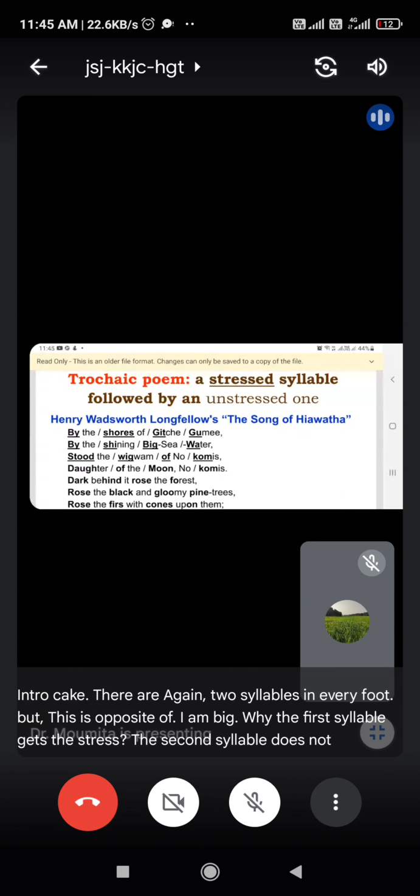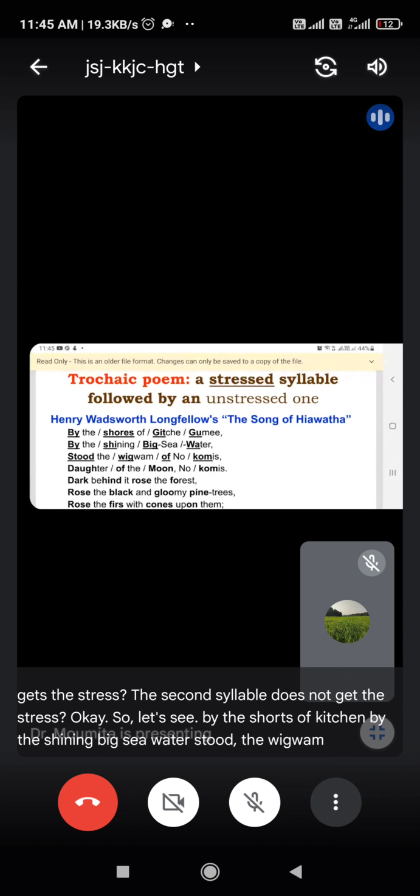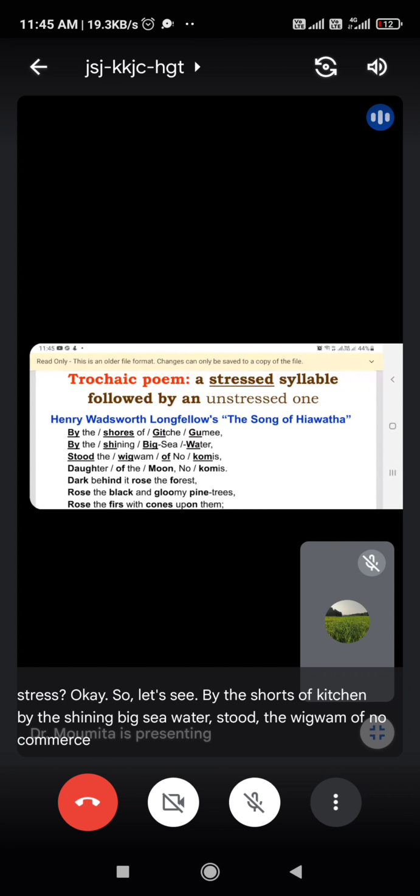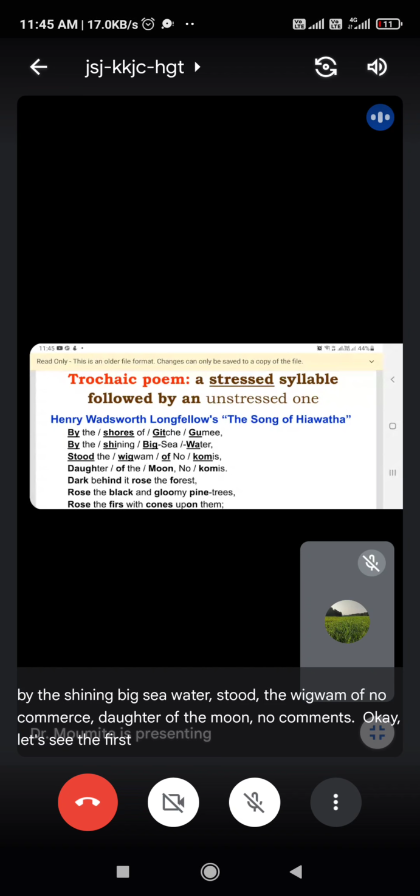Why? The first syllable gets the stress, the second syllable does not get the stress. Okay? So let's see. "By the shores of Gitche Gumee, by the shining Big-Sea-Water, stood the wigwam of Nokomis, daughter of the moon, Nokomis." Okay? Let's see the first line.